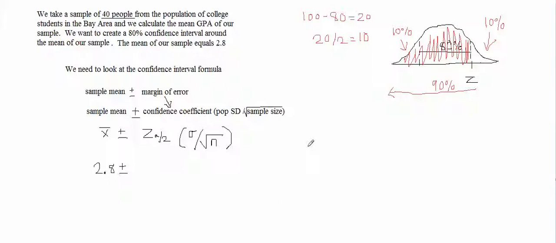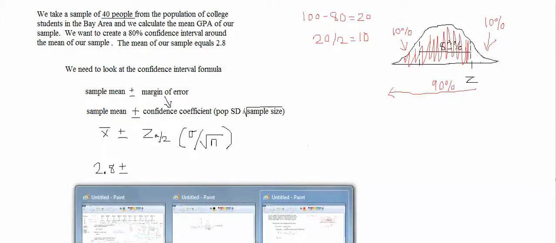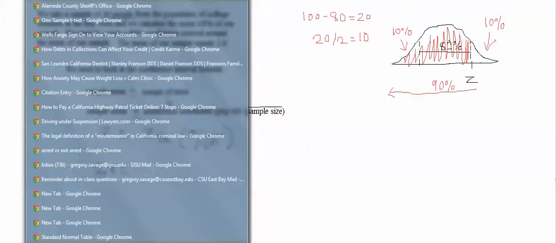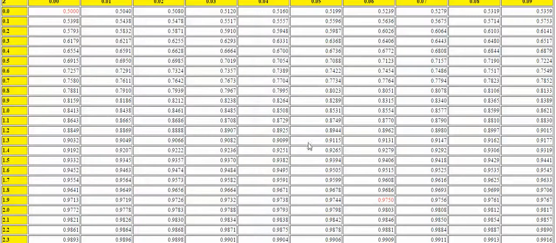So why is this important? Well, once we do this, we can go to our z-table, standard normal table, find the decimal inside of here closest to 0.9.